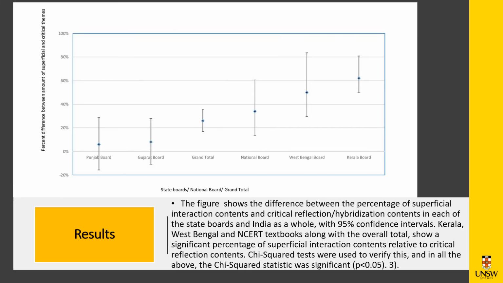In Gujarat and Punjab textbooks, the percentage of reflection or hybridization contents were not significantly different from the percentage of superficial interaction contents, with a non-significant chi-squared statistic. The difference in percentages between the two types of contents in Gujarat and Punjab textbooks were 6% and 8% respectively.